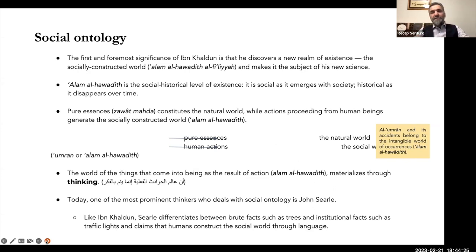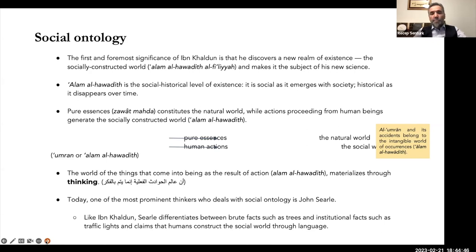Thinking is very important for the constructed reality around us. Without thinking, nothing would be constructed, nothing will be built, nothing will be developed by human beings.